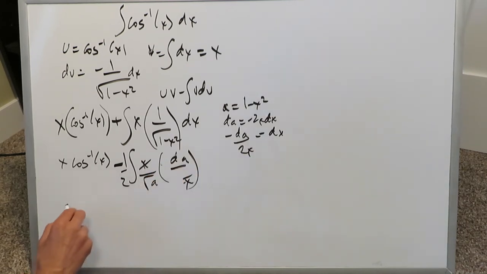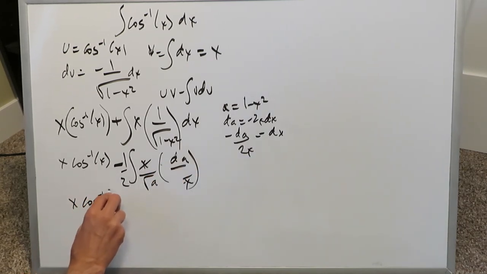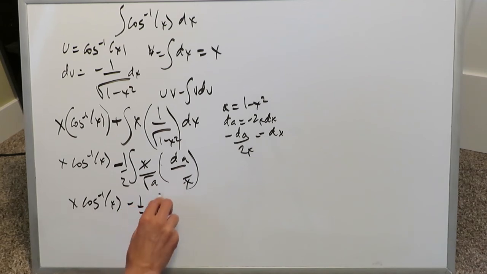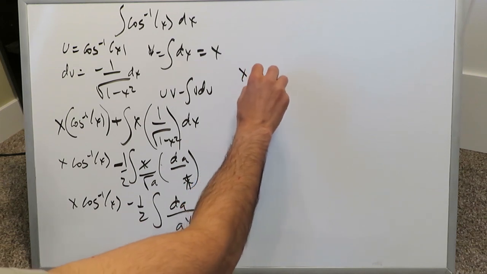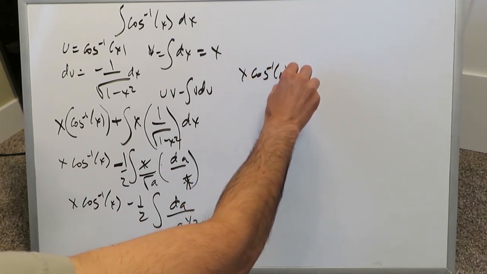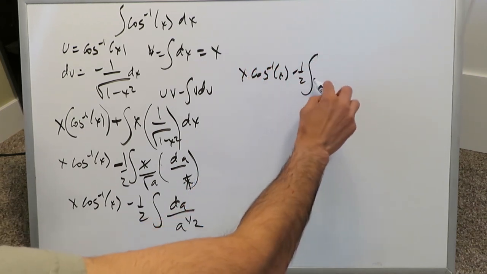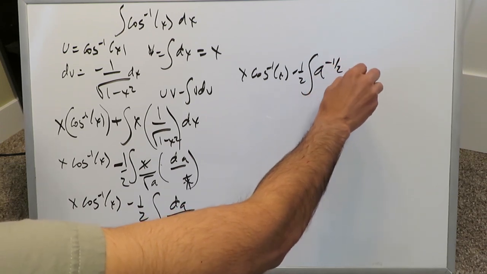Clean this part out over here. The x's are cancelled. So what we have here is x inverse cosine x minus 1 over 2 integral of dA. These x's are already removed, or a to the 1 over 2. You can bring this up and do its integration. What you have over here is x inverse cosine x minus 1 over 2, and you're looking at the integral of a to the minus 1 over 2 dA.